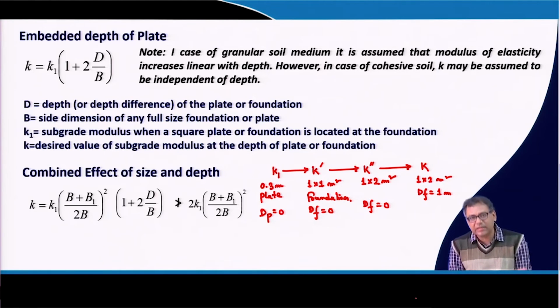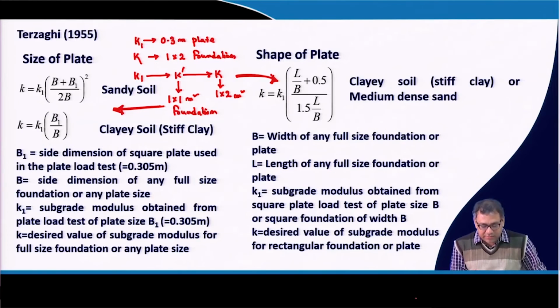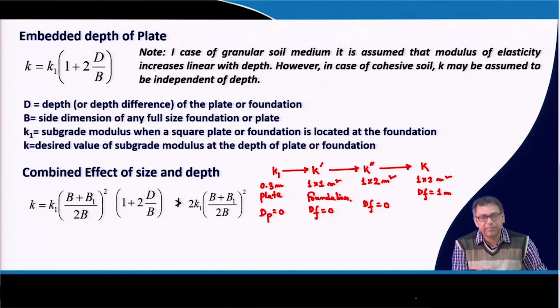That means, in such a case you convert the 30 centimeter plate load test data to 75 centimeter first, then you apply the depth correction. So, this is the technique by which you can apply 3 different corrections: size of the plate, shape of the plate, and embedded depth of the plate.